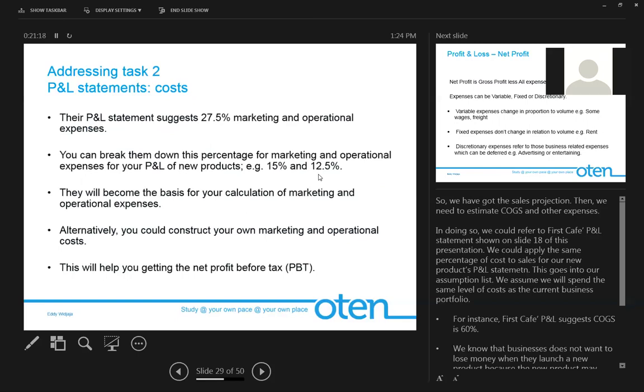You can also construct your own marketing and operational costs based on your own research. They will become our basis to calculate these expenses. With that, we should be able to construct the complete profit and loss statement, and that will help us to generate the net profit before tax, or PBT, profit before tax.